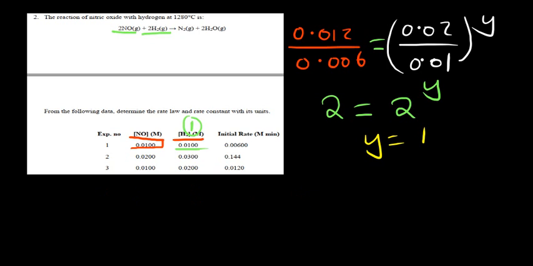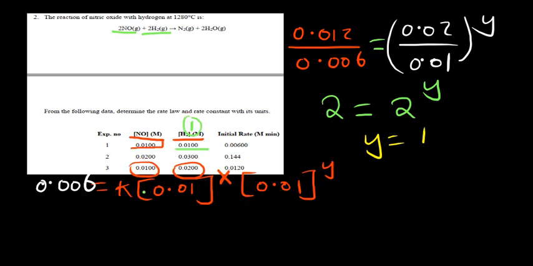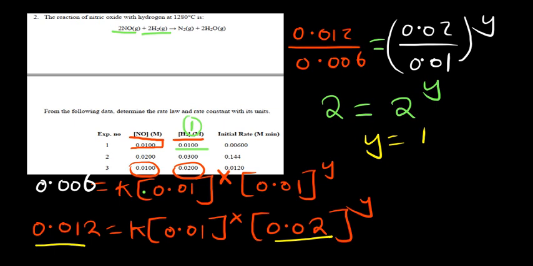We found that our value of y is equal to 1. How are we going to find the power of the other reactants? There's no other part where the hydrogen is maintained, so we can just get any other two. Let me go for the same ones. I'll maintain one and then I'll get the last one.